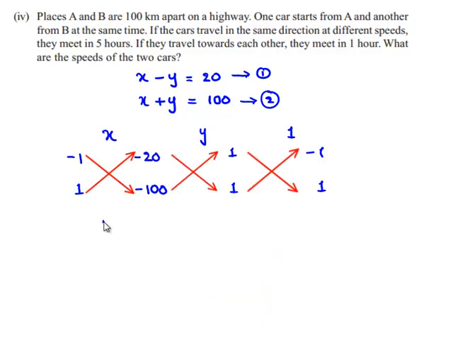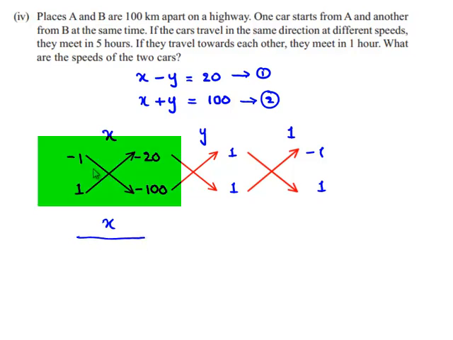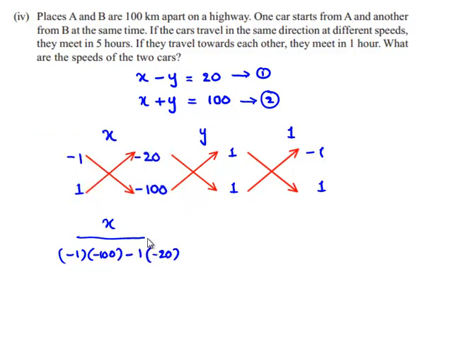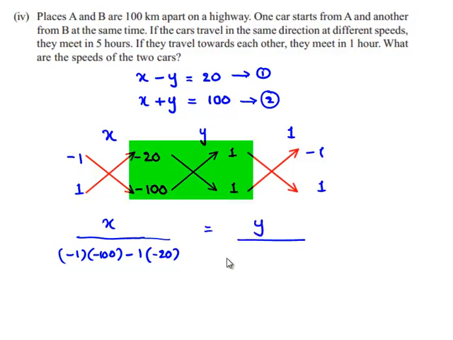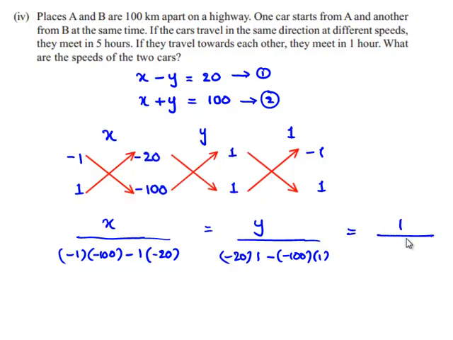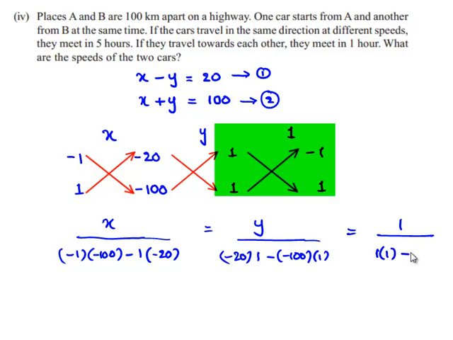Now we can write x divided by minus 1 times minus 100 minus 1 times minus 20, is equal to y divided by minus 20 times 1 minus minus 100 times 1, is equal to 1 divided by 1 times 1 minus 1 times minus 1.